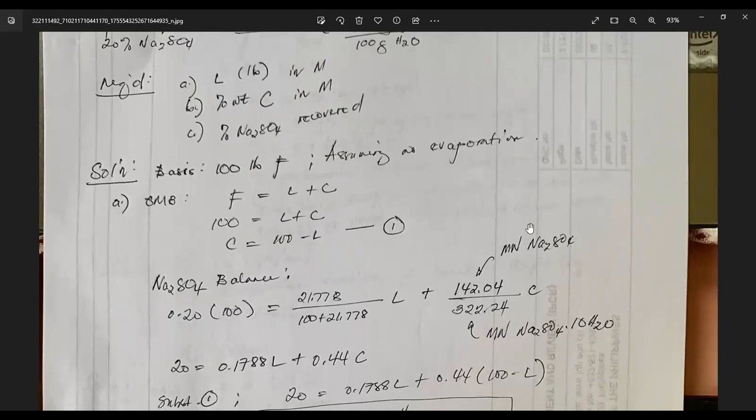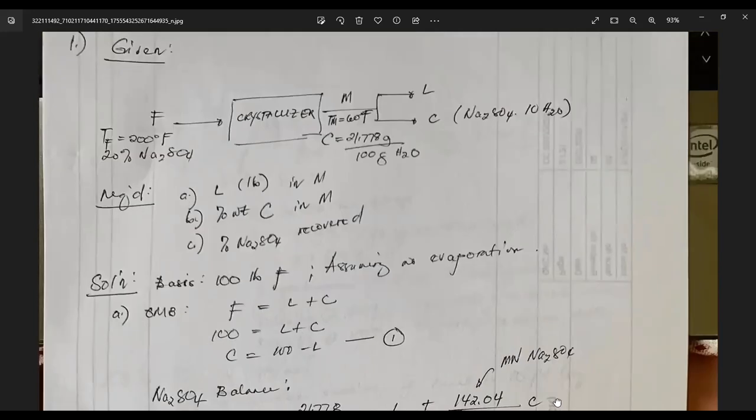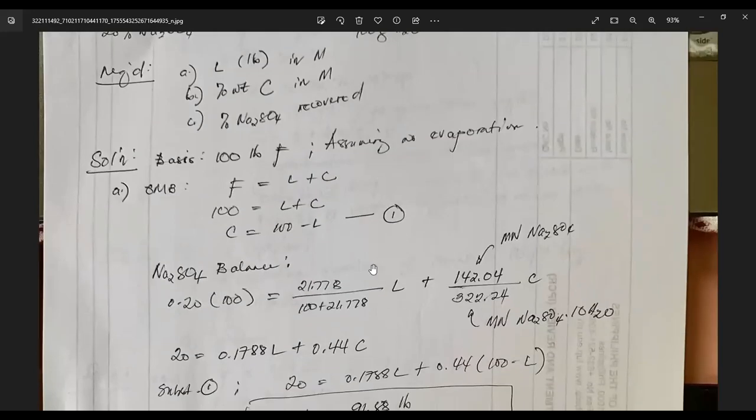So in here, you don't have water yet. So the molecular weight of sodium sulfate, not hydrated, this time divided by the molecular weight of hydrated sodium sulfate. So this is still in itself the weight percent of sodium sulfate in your crystal. So what you're adding here actually is the sodium sulfate present in your liquor and the sodium sulfate present in your crystal.